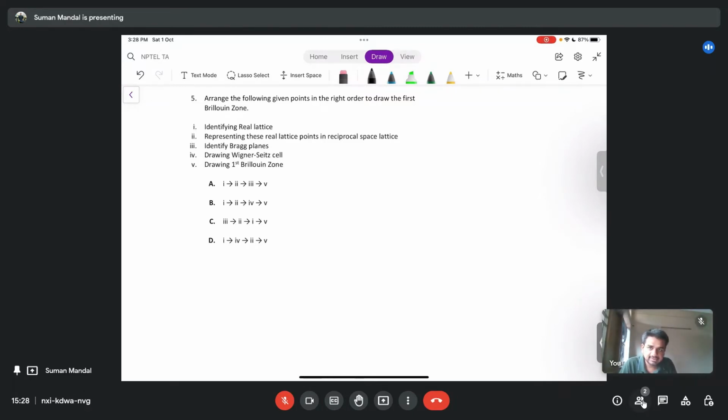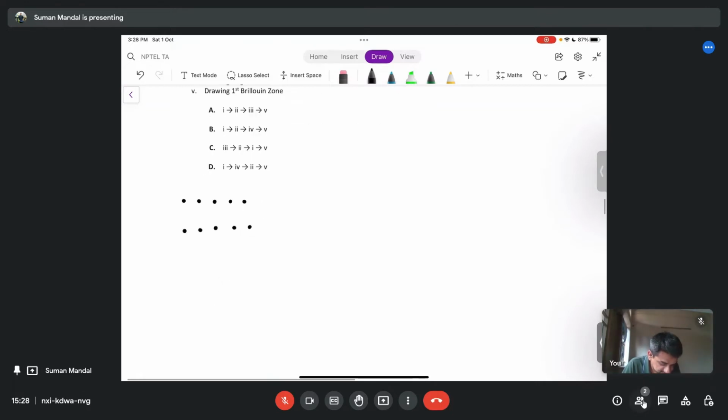So we have to start with identifying the real lattice first, because that is the starting point in the real space. The first step is to find out the real space lattice. So let the real space lattice be a rectangular lattice that looks something like this.